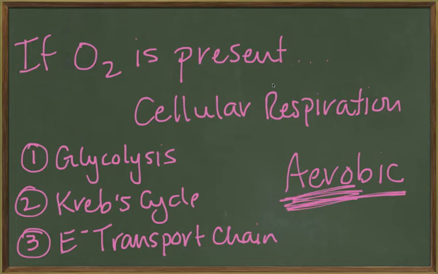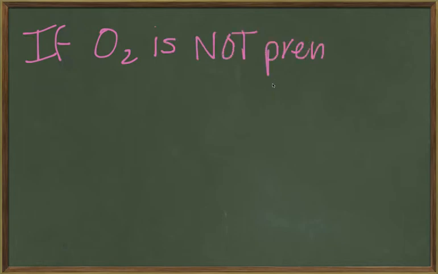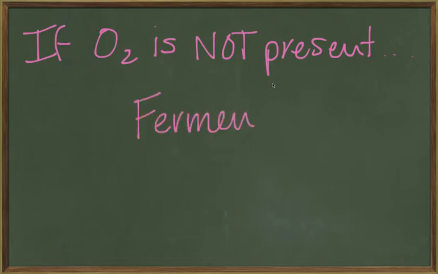Now, the flip side of that, and we'll talk about more of this when you get into class, if O2 is not present, cellular respiration cannot occur. When it is not present, you have 2 options, and it totally depends on what type of organism you are. But you go through what we call fermentation.